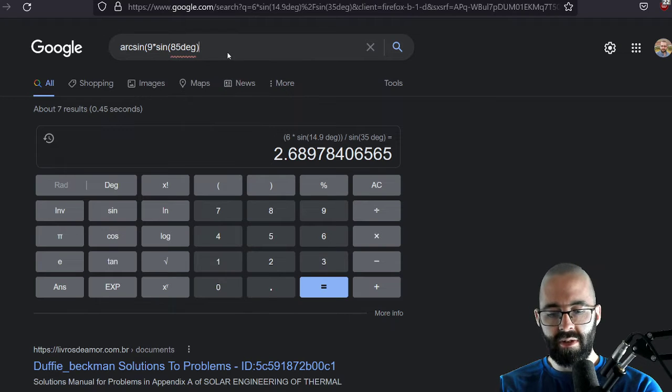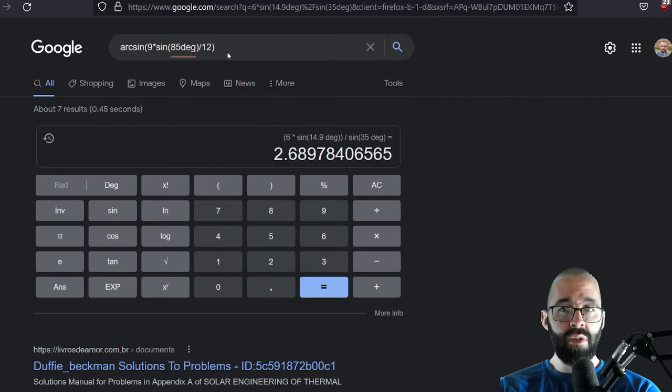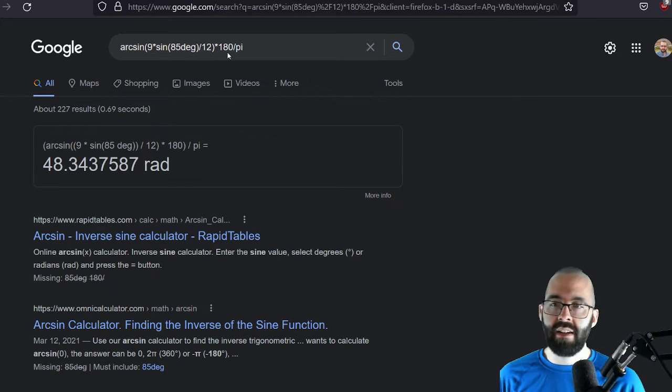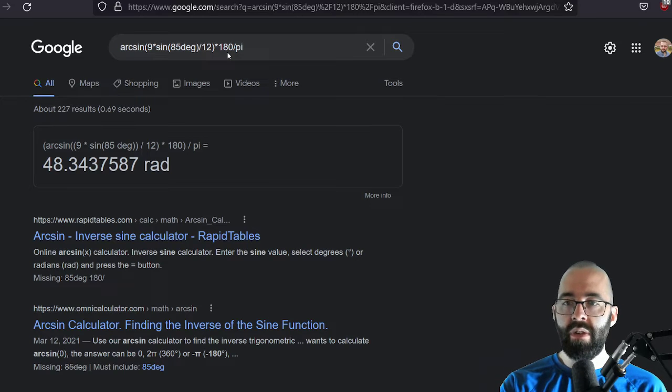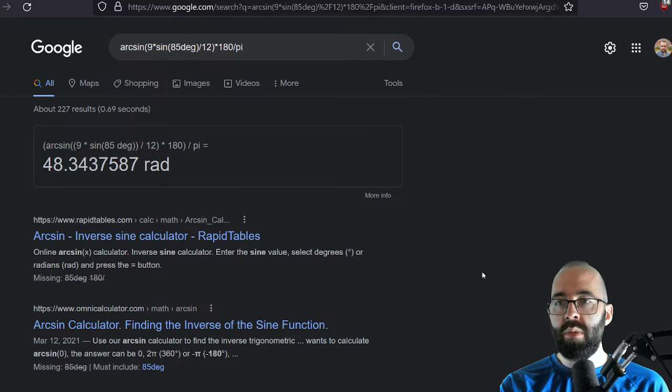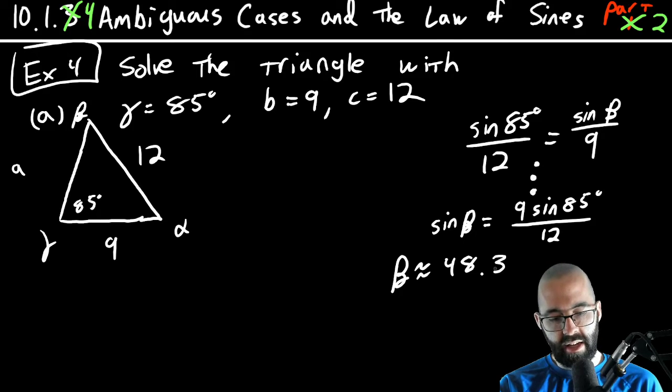Make sure you're using degrees. If you're using Google for this calculation, it's going to give you an answer in radians, so convert it to degrees. It's about 48.3438 degrees.